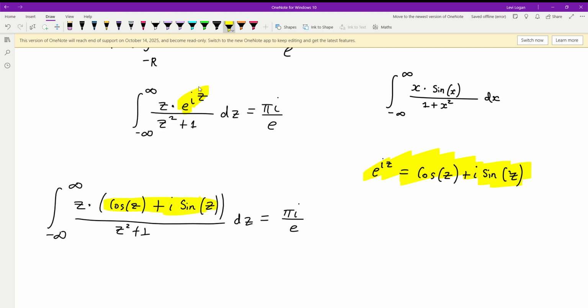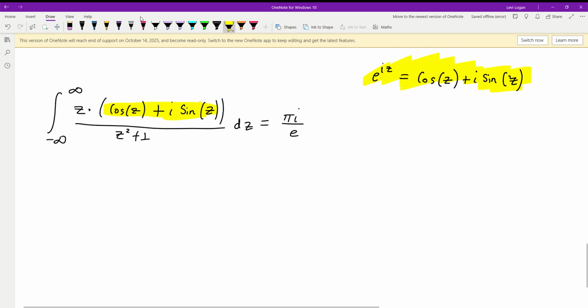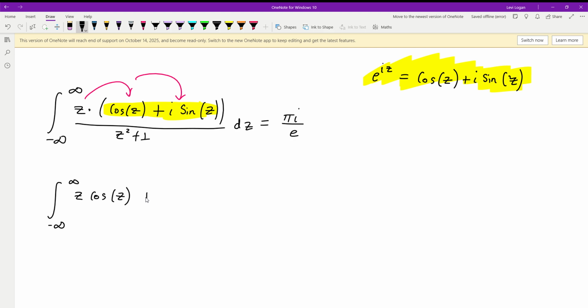I've just replaced that guy for that. Expand this guy here. So we have negative infinity to infinity, z cos z plus z sin z times i, divided by z squared plus 1 dz equals pi i over e.